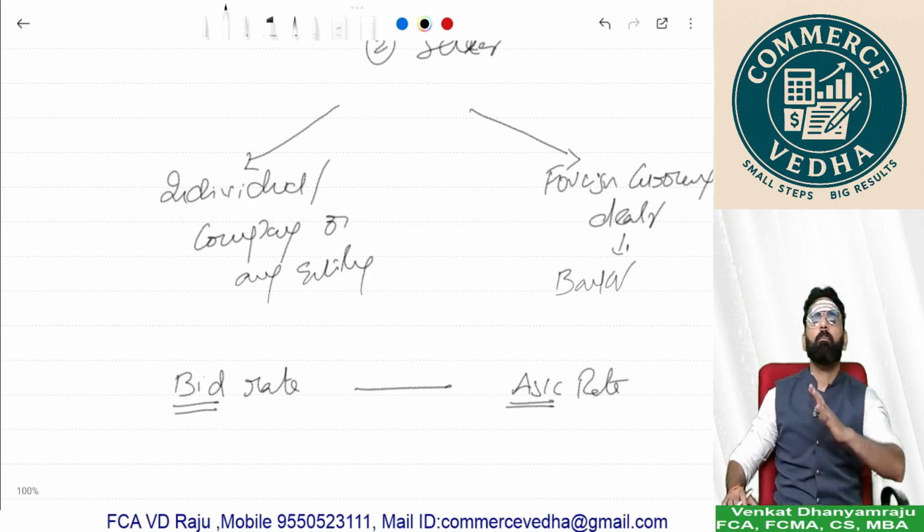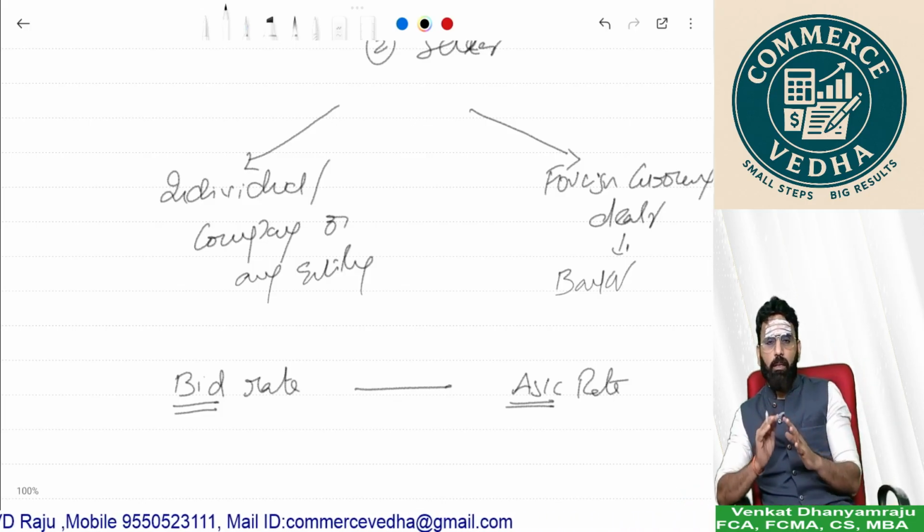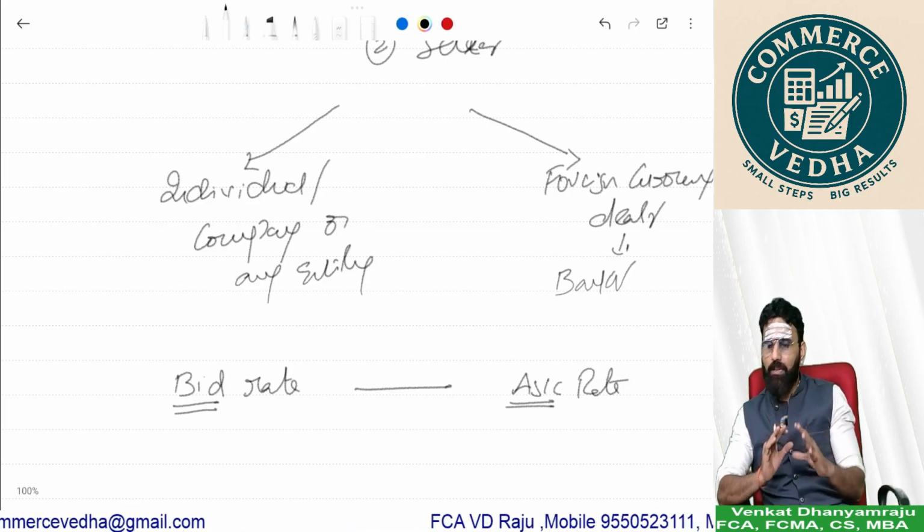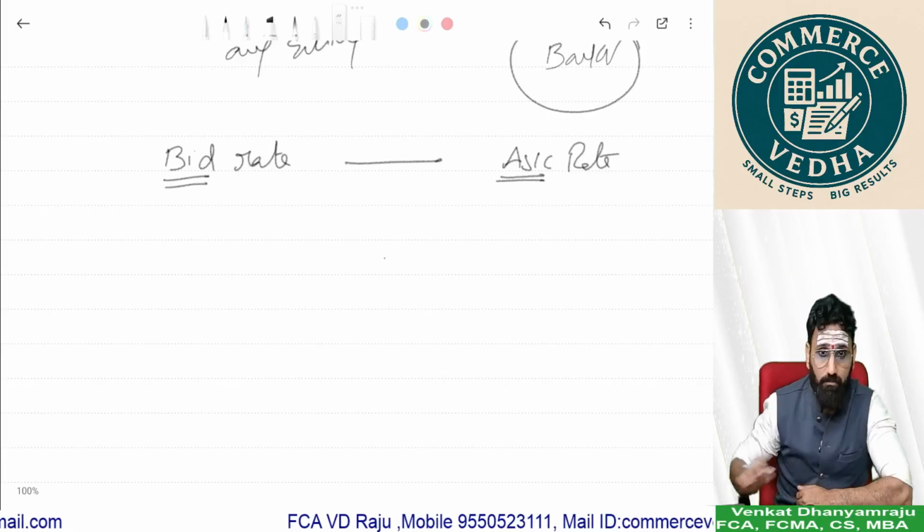So bid and ask. What is bid and what is ask? When I am talking about selling or buying, I should always talk in terms of the foreign currency dealer, that is the banker.